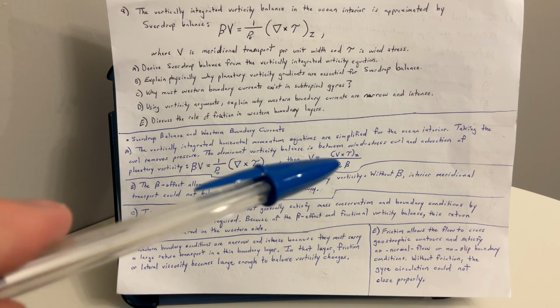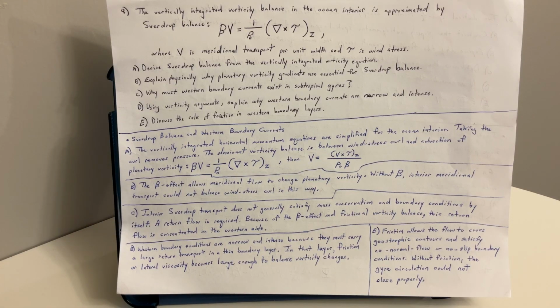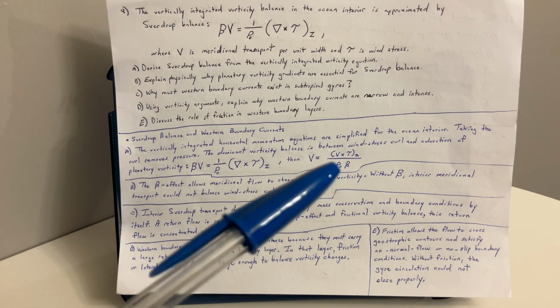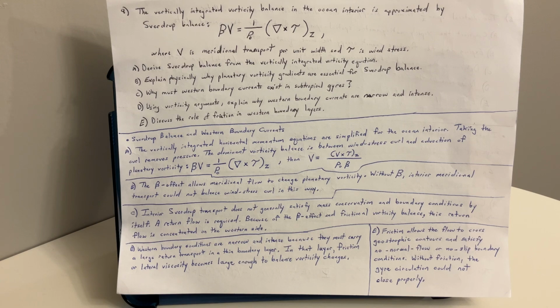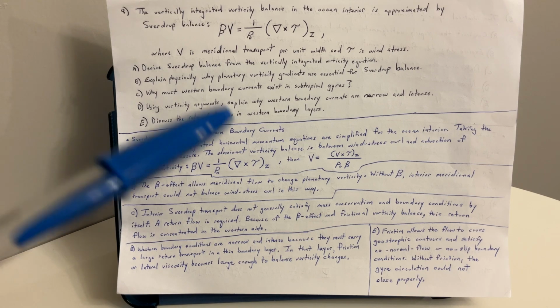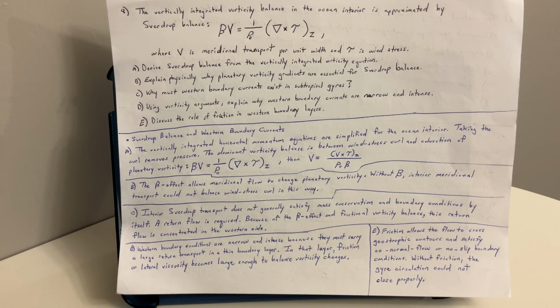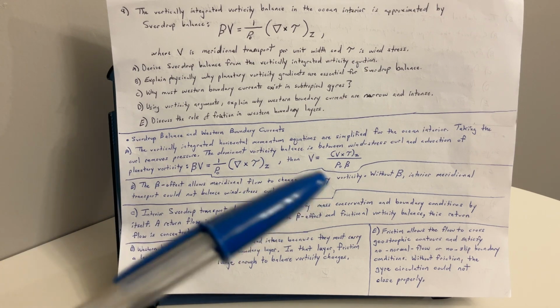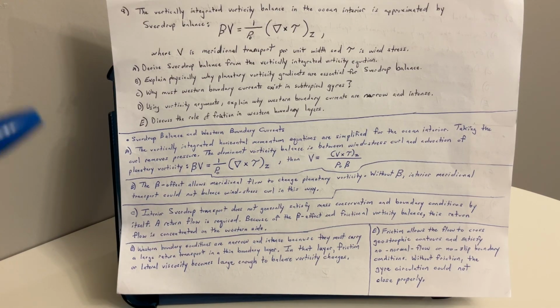Then V equals that curl of tau sub Z over rho naught beta.